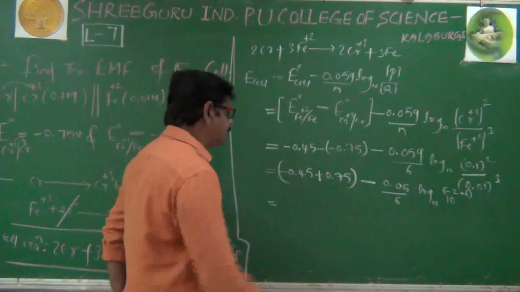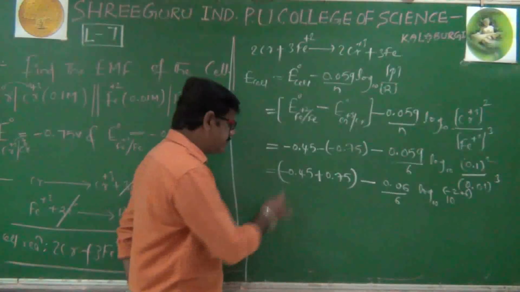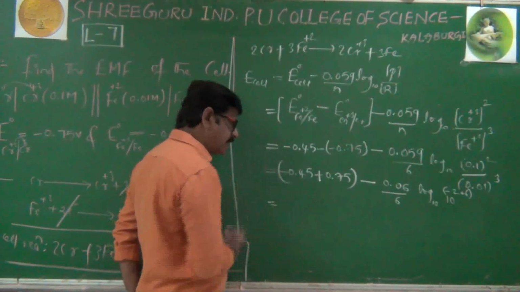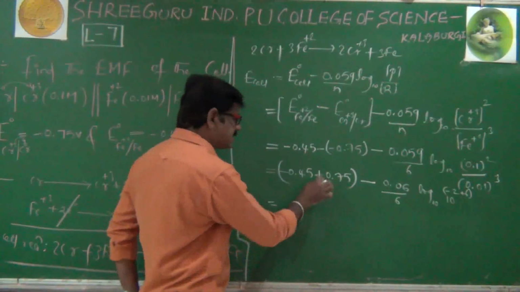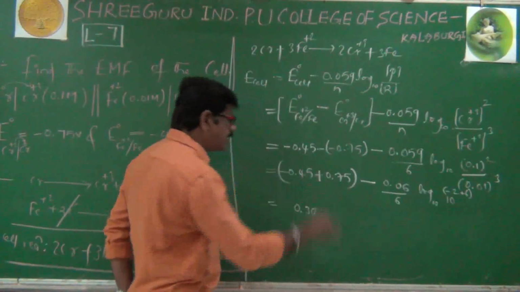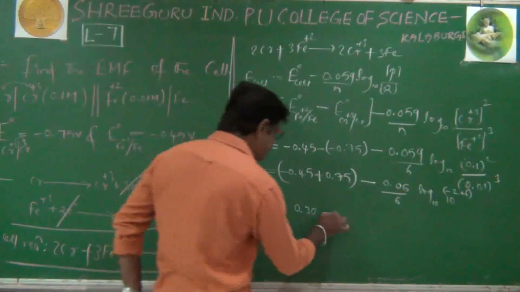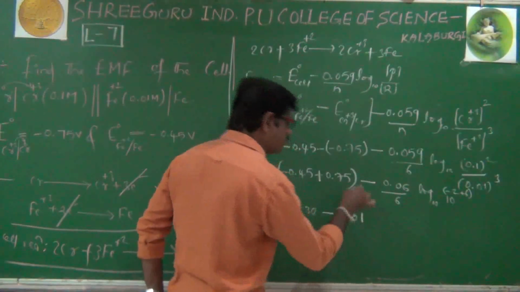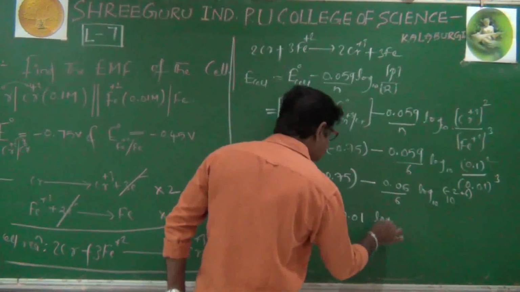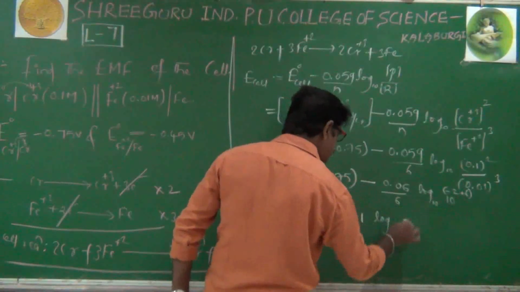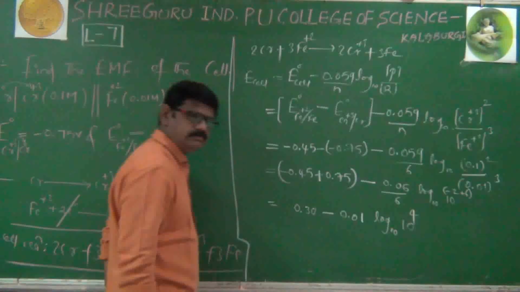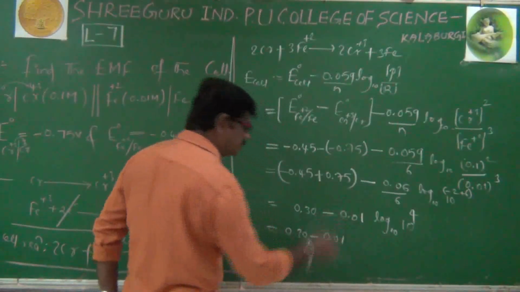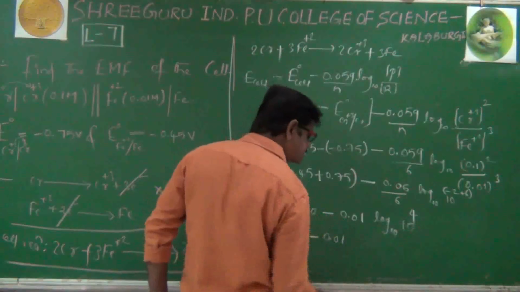That is equal to plus 0.75 minus 0.45. If you subtract these values you will get plus, because the plus value is bigger, so plus 0.30. Then minus 0.06 divided by 6, which is nothing but 0.01. Then log base 10 of 10 to the power of minus 2 plus 6, 10 to the power of 4. That is equal to 0.30 minus 0.01 log base 10 to the power of 4.